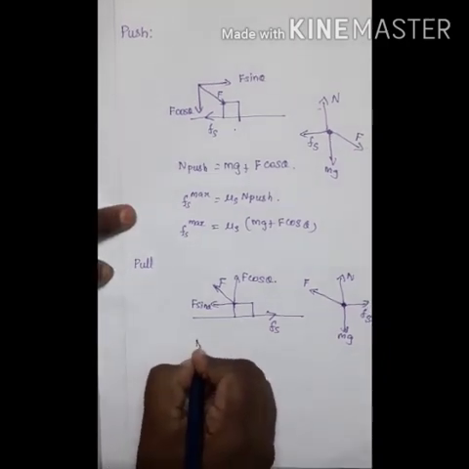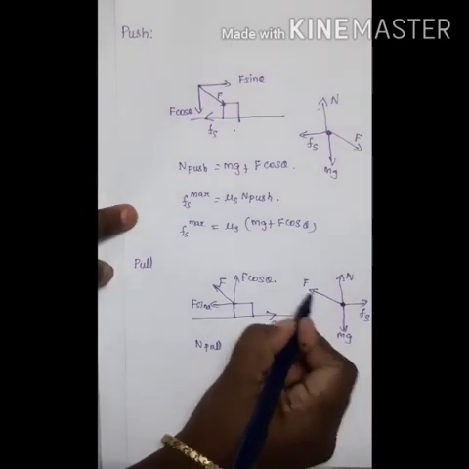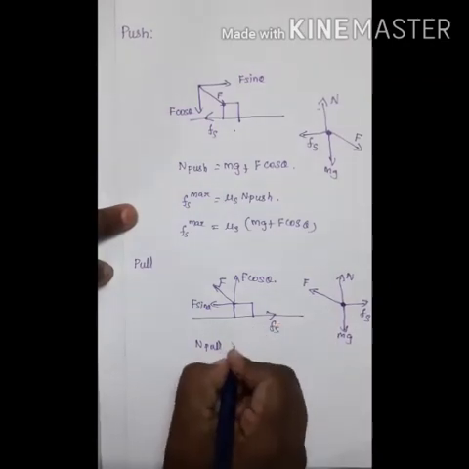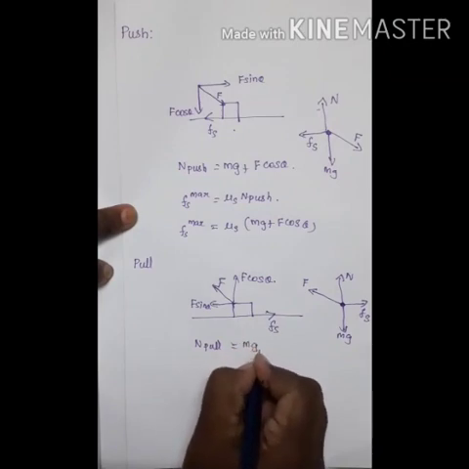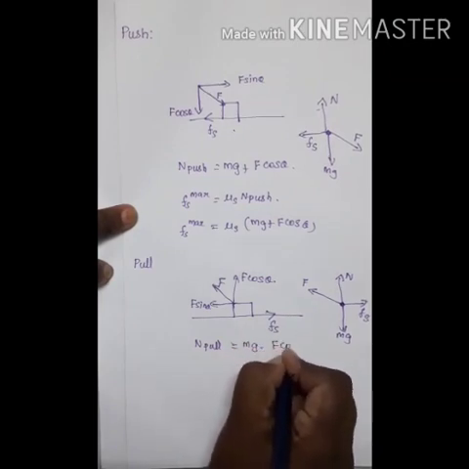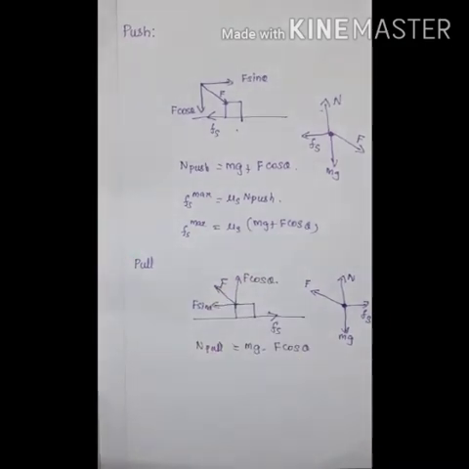Therefore, N pull is equal to mg minus F cos theta. Comparing the equations, N pull is less than N push. So, it is easier to pull an object than to push it to make it move.